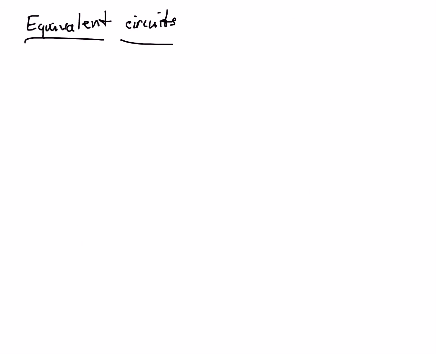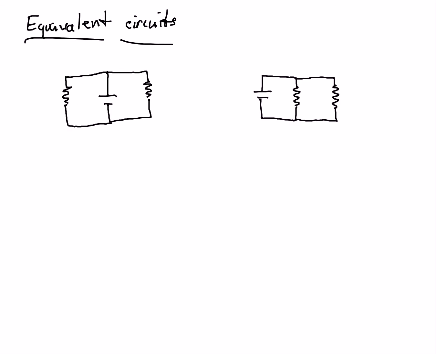Finally, we're going to talk about equivalent circuits. Now, we've already seen some basic examples of equivalent circuits in the form of equivalent resistors, and we'll generalize these ideas now. Kirchhoff's laws are really what tells us how a circuit behaves. So when we have two circuits, such as this one and this one, they're equivalent. So let the two resistors be the same.